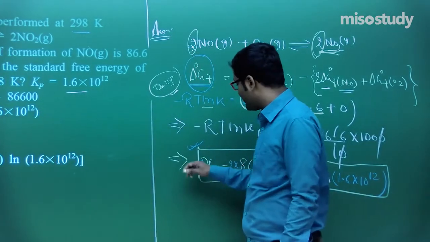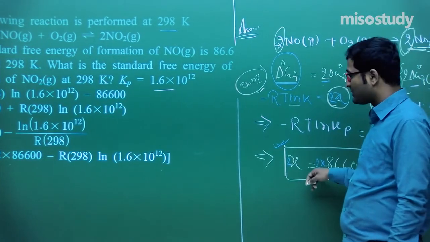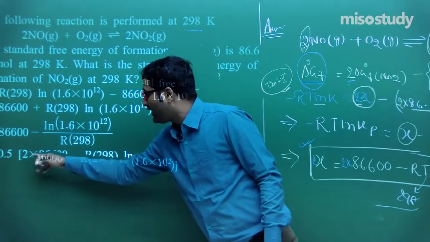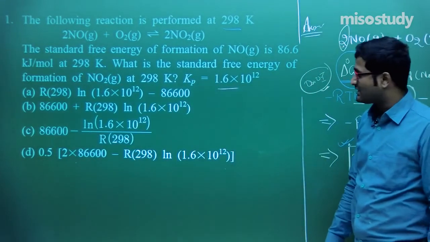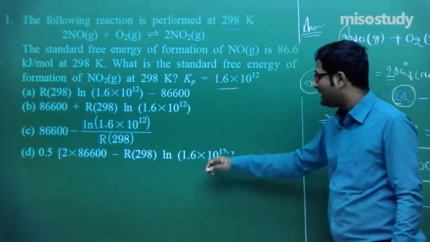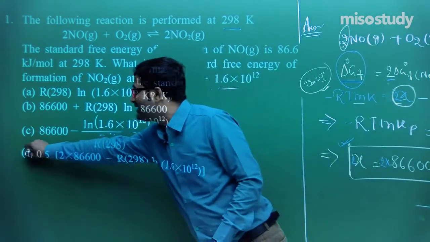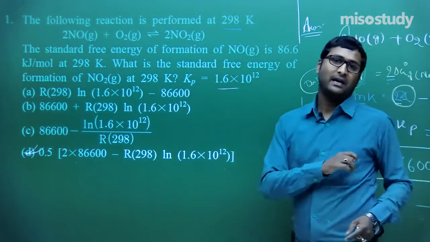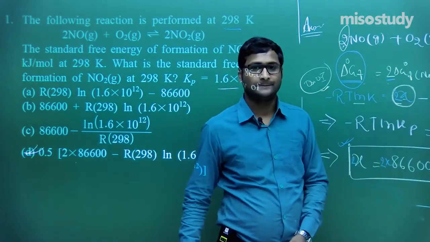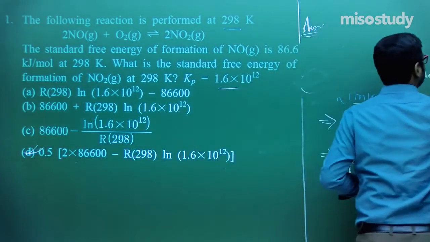So the final expression, x will come, 2 will come here, that is 1 by 2, that is 0.5, 1 by 2 equal to 0.5, 2 into 86600 minus RT ln Kp. Clear? So among all the expressions, this one is the correct one. Clear? If you have any doubt, you can check it out. Now I'm going to rub this part and we'll discuss the next one.